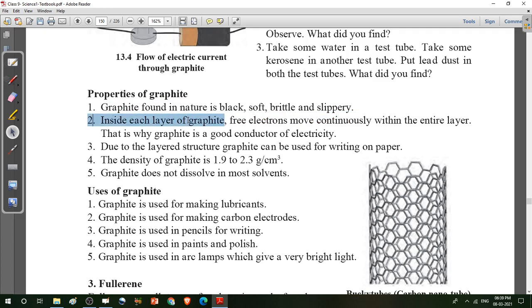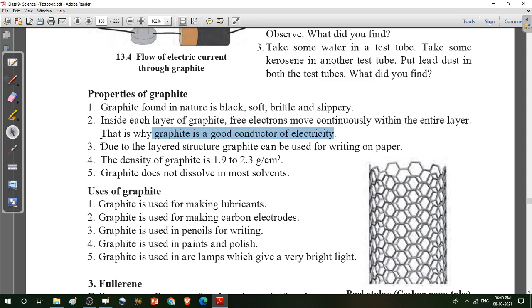Inside each layer of graphite, free electrons move continuously within the entire layer. Yes, because in the structure of graphite, each carbon atom is bonded with nearby three atoms, so one electron is free and moves continuously within the entire layer. That is the reason graphite is a good conductor of electricity.